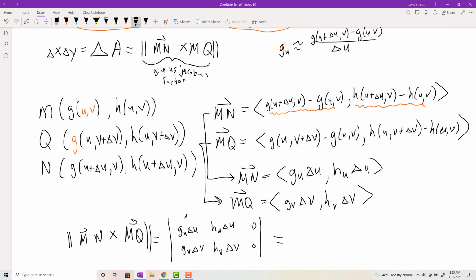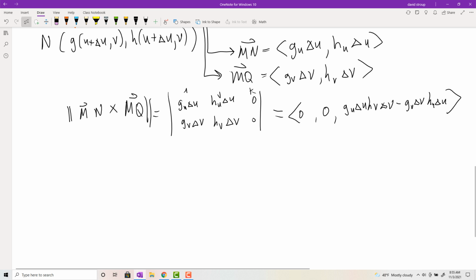And then that will be 0, comma, 0, comma, GU change in U times HV change in V, minus GV change in V times HU change in U.